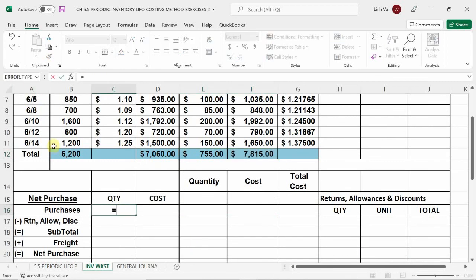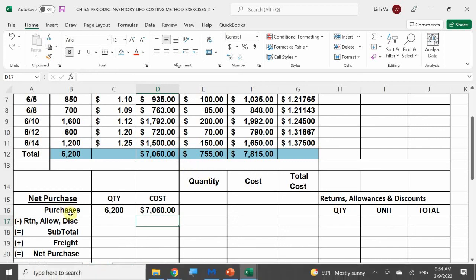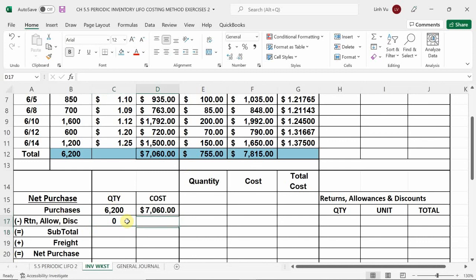So let's go ahead and plug our numbers in. We have a total of 6,200 units at a purchase price of $7,060. No returns here and no allowances. So that's still going to give me my net purchases. Freight adds nothing to quantity, but my $755 do affect my total cost.